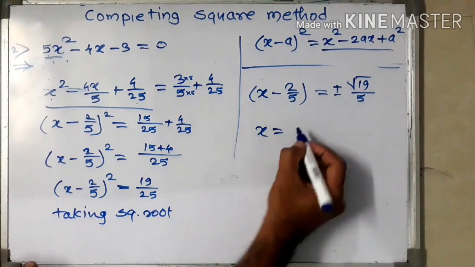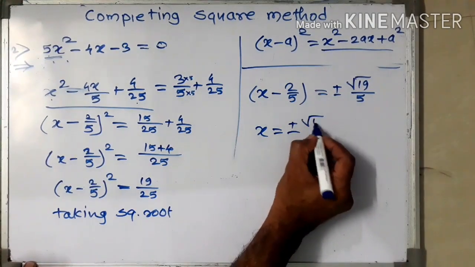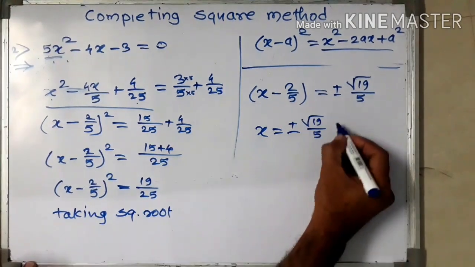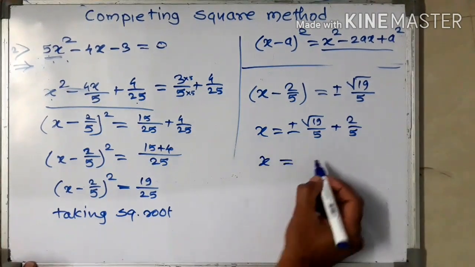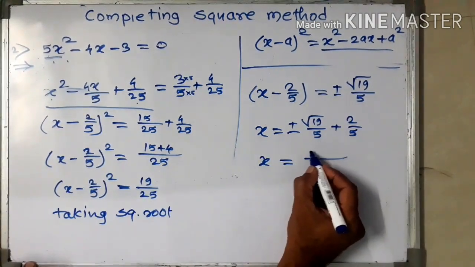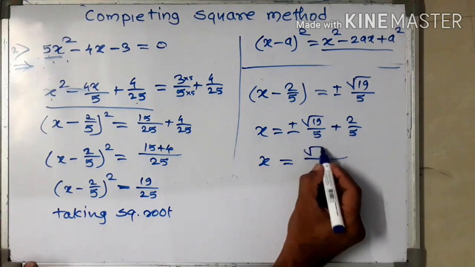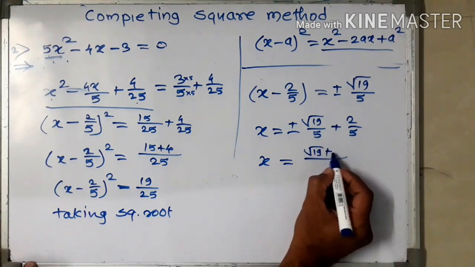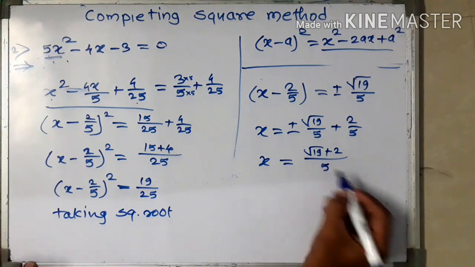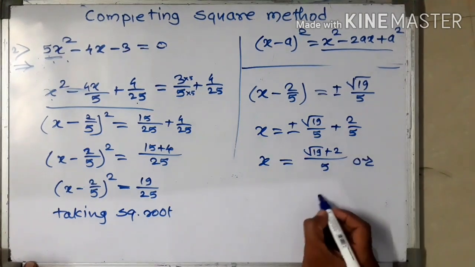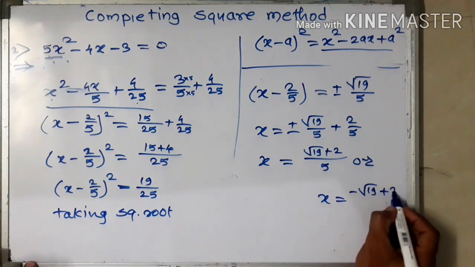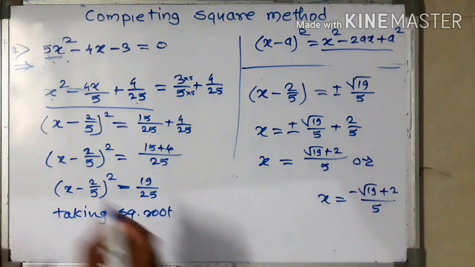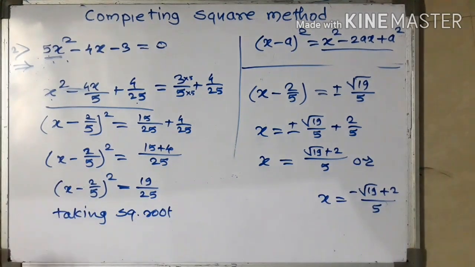Now x equals to plus or minus root 19 upon 5 plus 2 upon 5. The value of x is root 19 plus 2 upon 5, or the value of x is negative root 19 plus 2 upon 5. These are the roots of that quadratic equation.